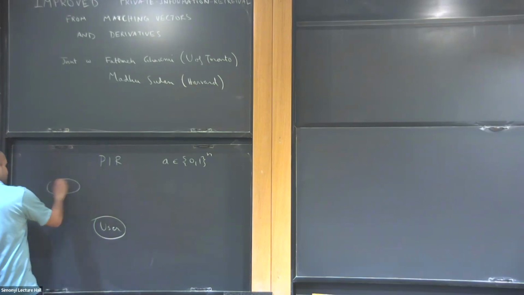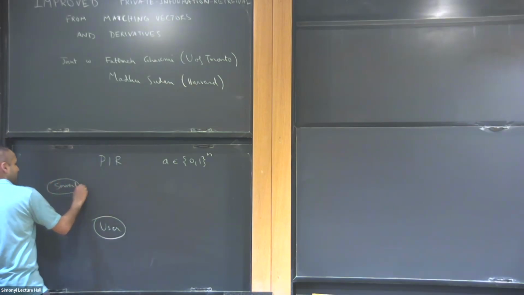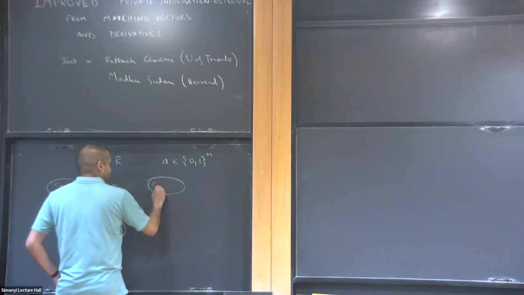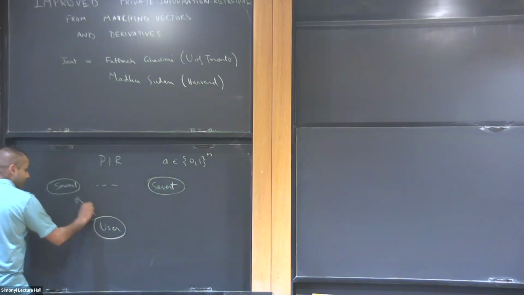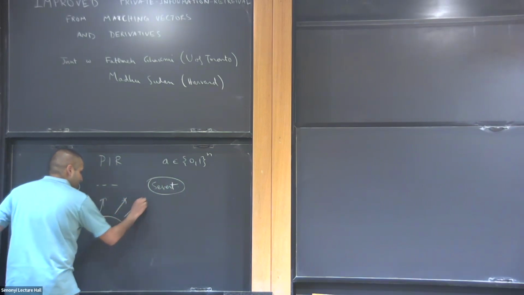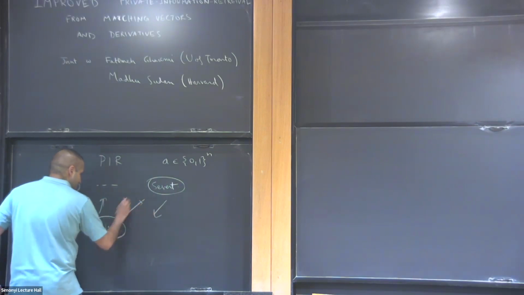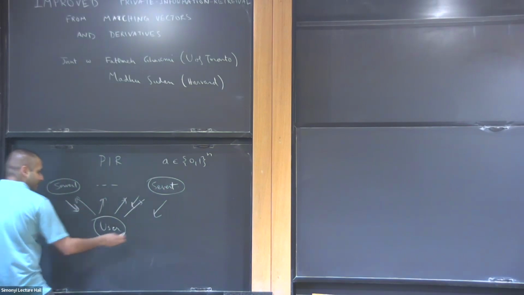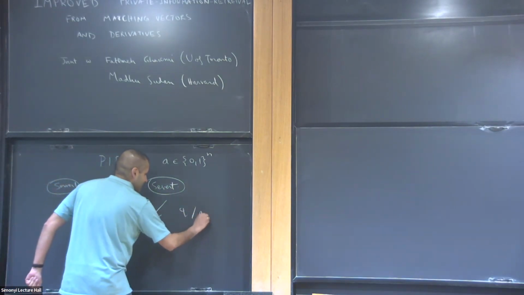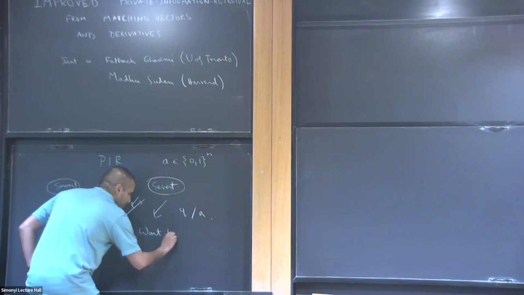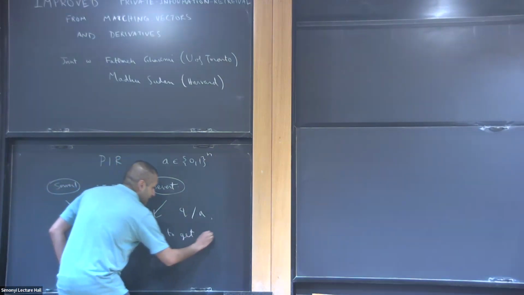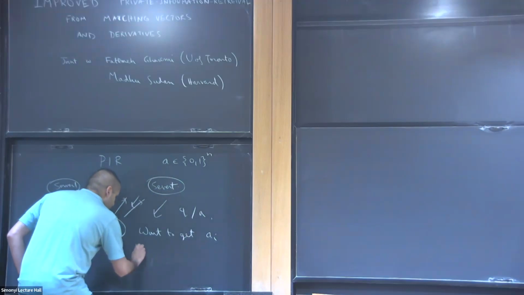So we have a few servers, server 1 all the way up to server T. We will send questions to these servers and get answers back. We want to be able to get A_i without revealing i.